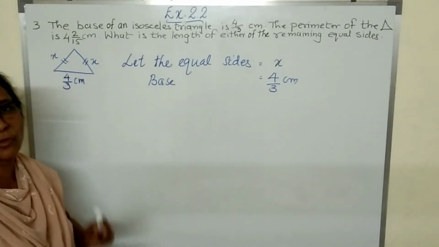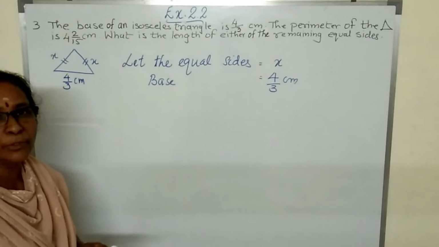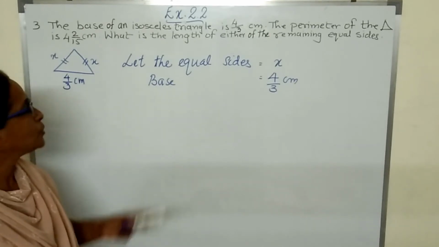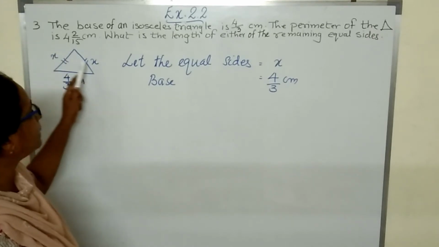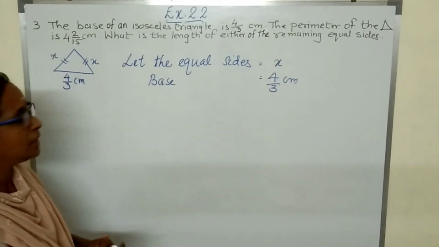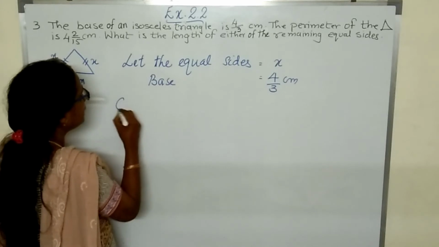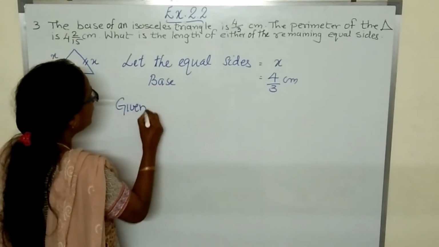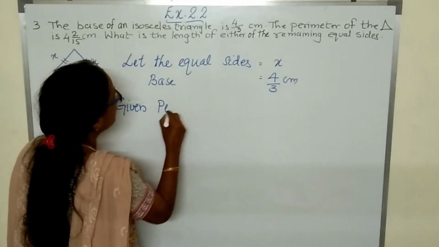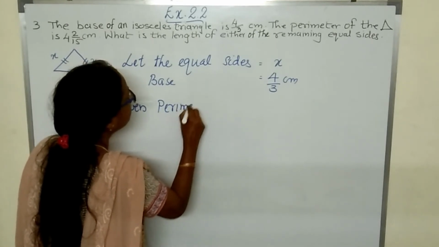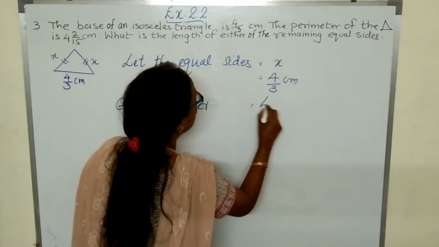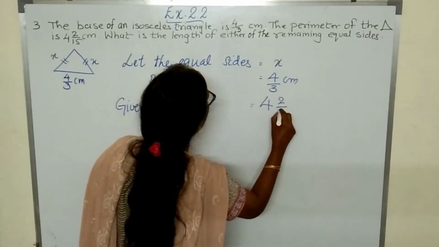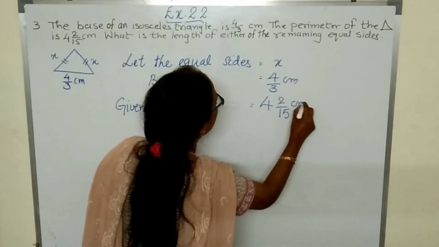Perimeter of any closed figure is equal to the sum of its sides. So here the perimeter of this triangle is equal to side 1 plus side 2 plus side 3. Given perimeter is equal to 4 and 2 upon 15 centimeter.